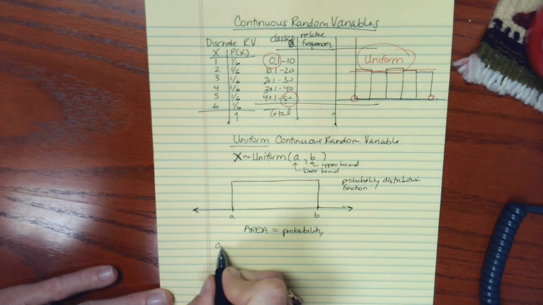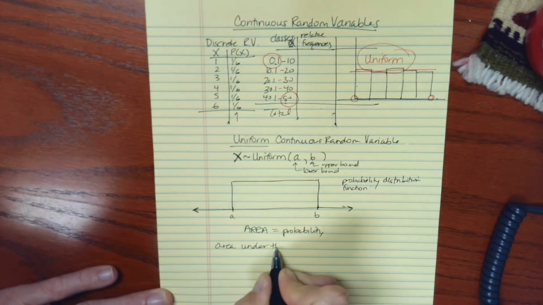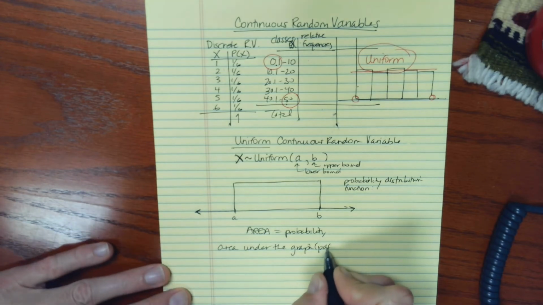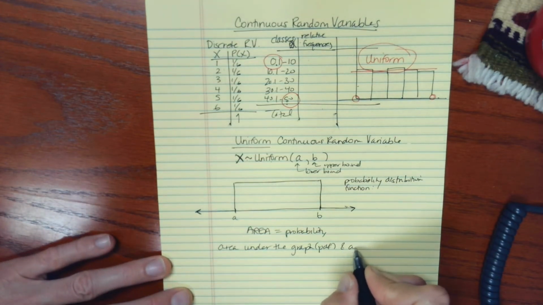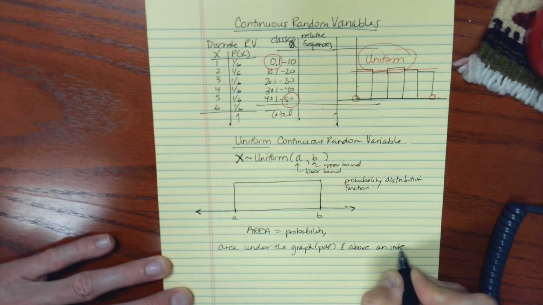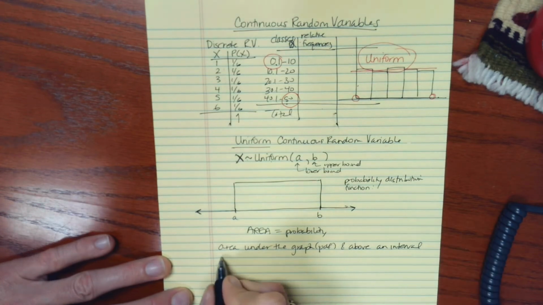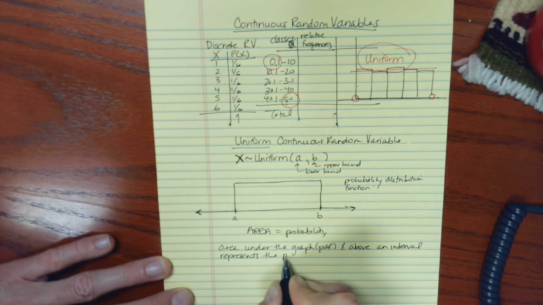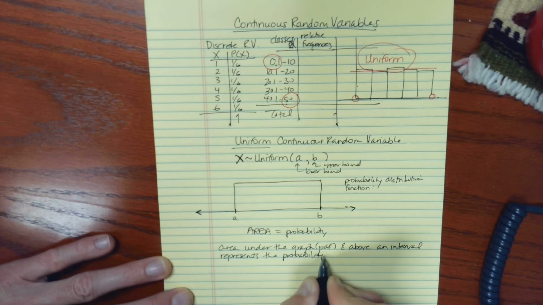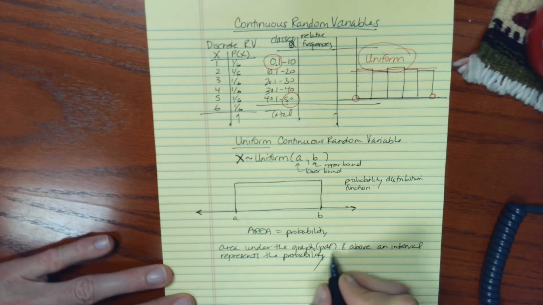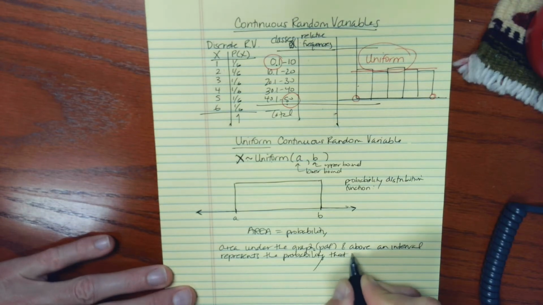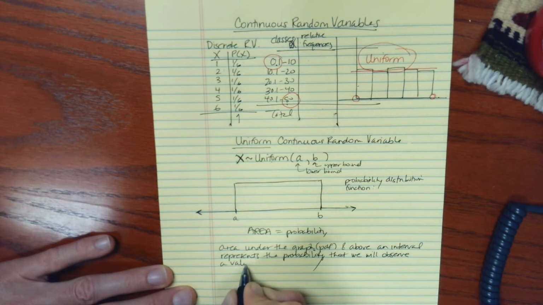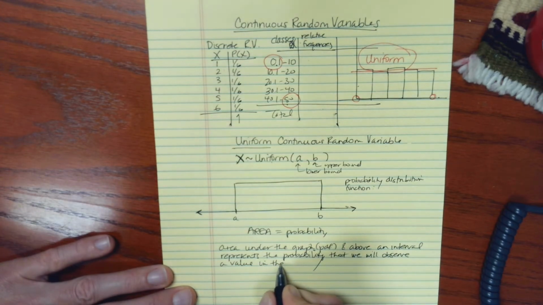In particular, the area under the graph of the PDF and above an interval represents the probability that we will observe a value in that interval.